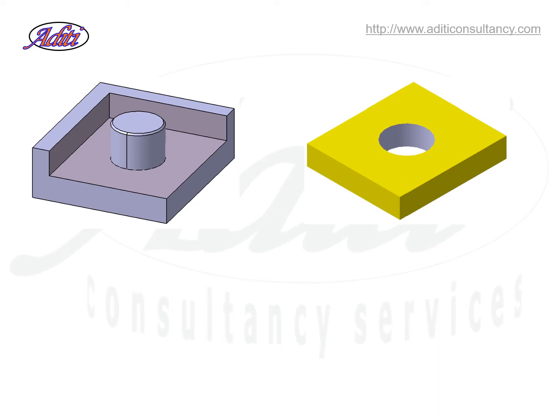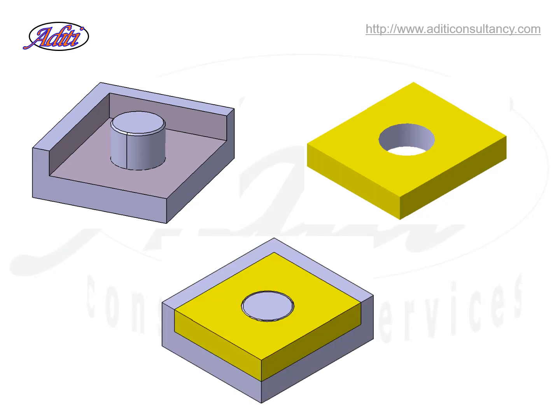There are two parts here. These two parts will get assembled like this. If you analyze the design requirement of these two parts for assembly purpose, the diameter of the spigot in the first part and the diameter of the hole in the second part should be controlled.